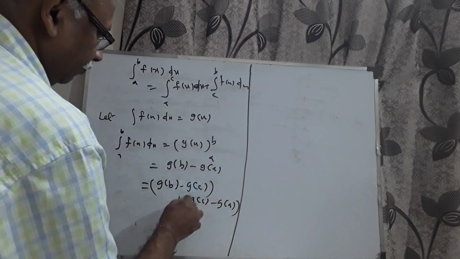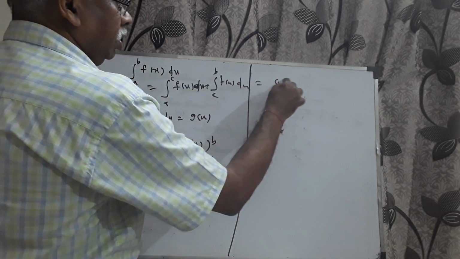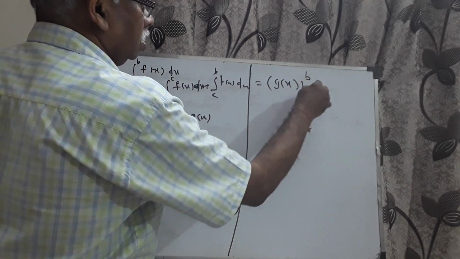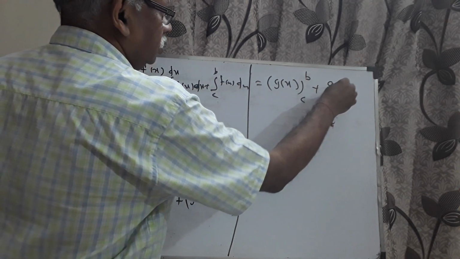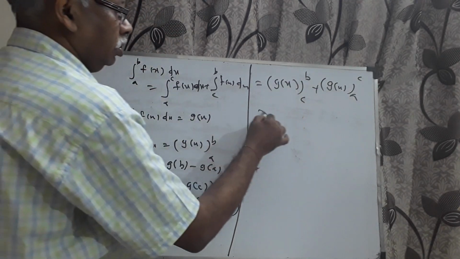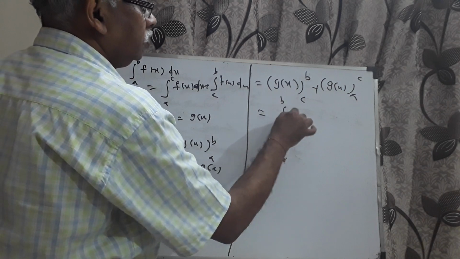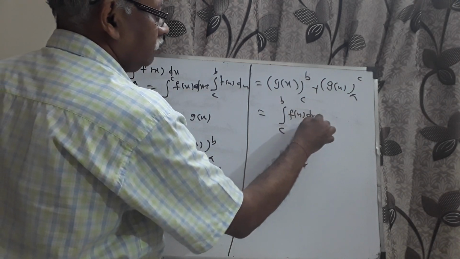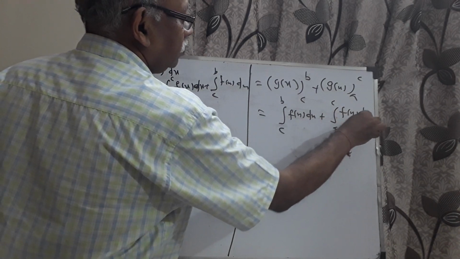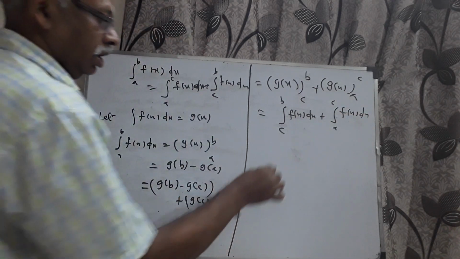I need it, therefore I do. This can be written as g of x from c to b plus g of x from a to c. The upper limit here is b minus the lower. Now this is equal to integral c to b f of x dx plus integral a to c f of x dx. If I write this in the beginning, that's the way it is done.